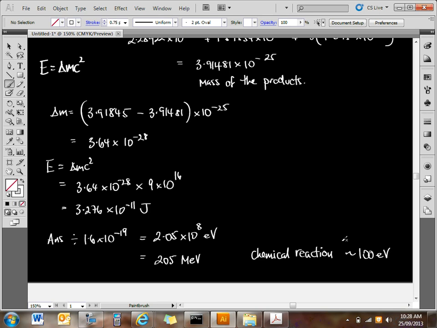So this is of the order of hundreds of eV per reaction for burning carbon.